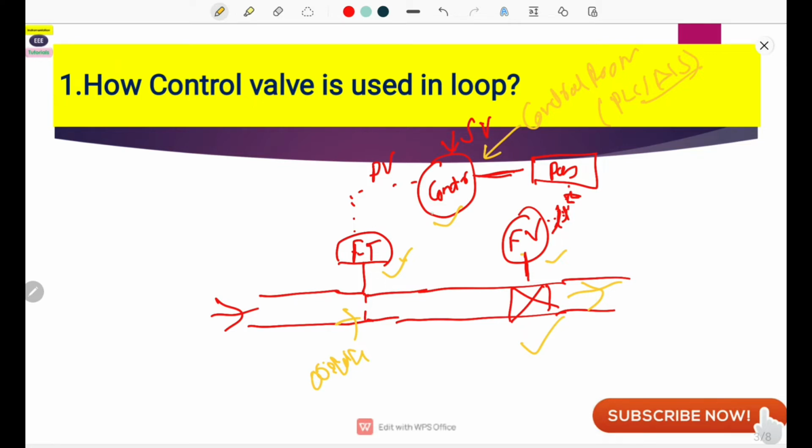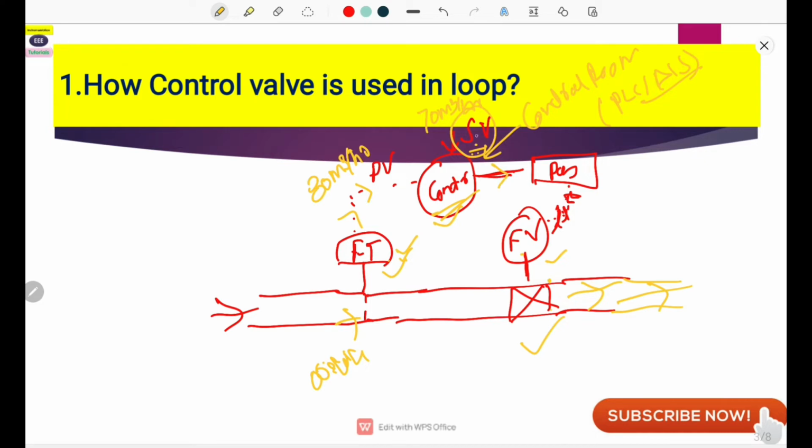The process parameter will be measured by this flow transmitter, and it will send the signal to the controller where we have configured the set value for this control valve, meaning how much flow we want downstream of this control valve. Suppose 80 meter cube per hour flow is measured by the FT, and we have given a set value of 70 meter cube per hour.